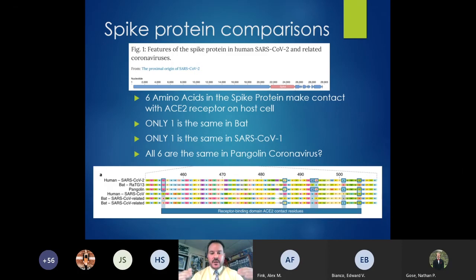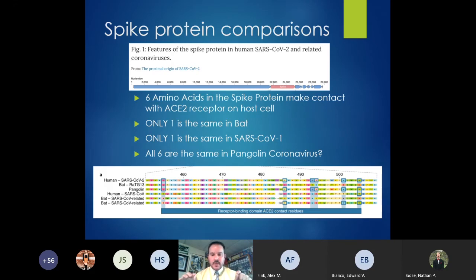Well, the figure at the bottom is just a zoomed in figure of just a few amino acids in that particular protein. Again, remember, proteins are made of amino acids. So what this figure at the bottom is showing us, the little boxes are around the 6 amino acids in the spike protein that specifically make contact with the receptor on the host cell.